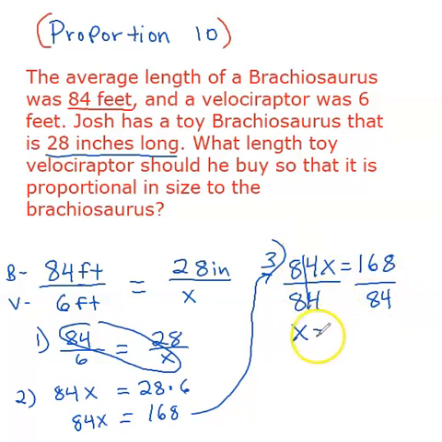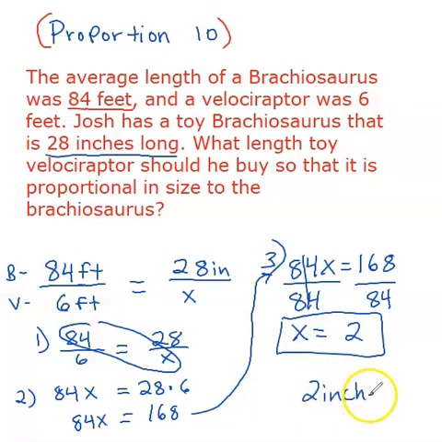And x is equal to 168 divided by 84, which is 2. So our x is 2. So the length of the toy Velociraptor that he should buy should be 2 inches. Okay, 2 inches. Okay, and that's how you solve it.